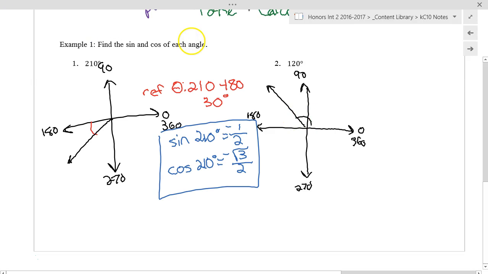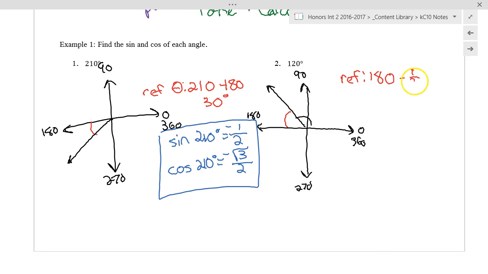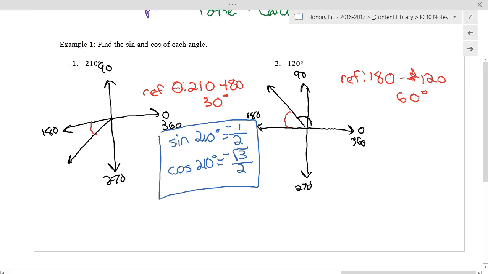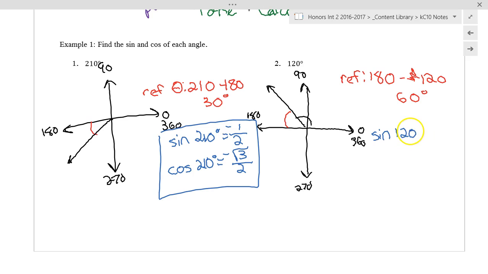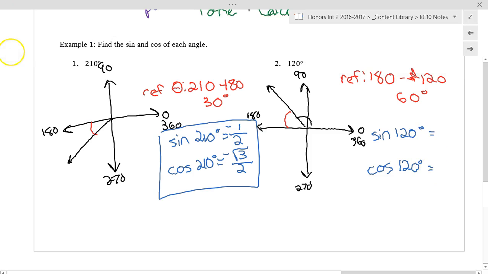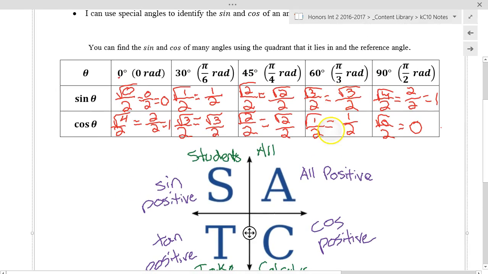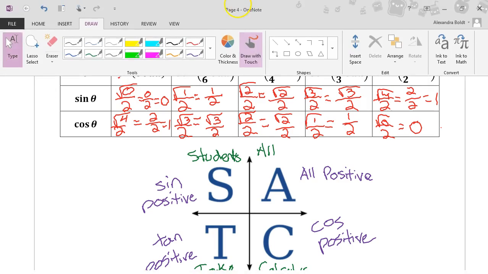My reference angle is 180 minus 120, which is 60 degrees. Okay. So now I want to find the sine of 120 and the cosine of 120. Well, because my reference angle is 60 degrees, looking at my chart, with 60 degrees, my sine is square root 3 over 2, and my cosine is 1/2.